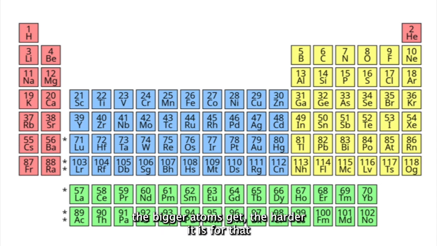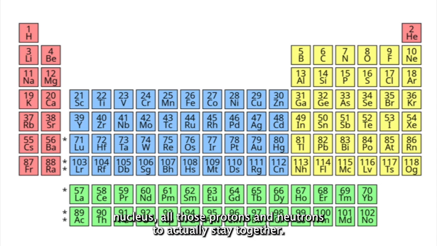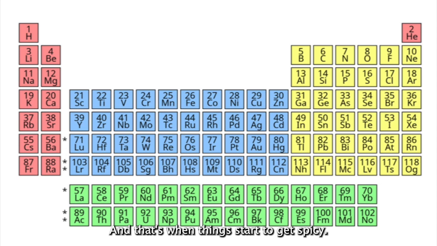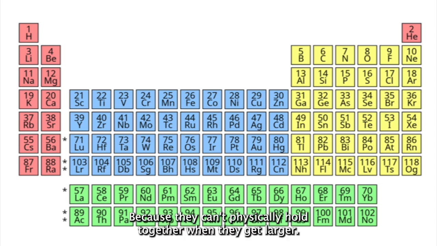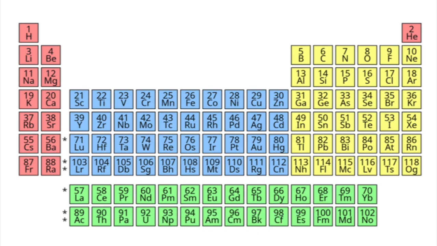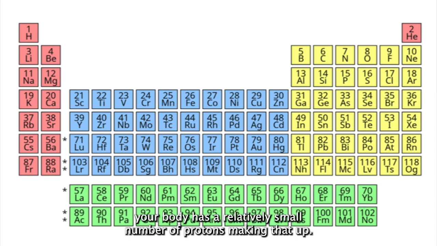The bigger atoms get, the harder it is for that nucleus, all those protons and neutrons, to actually stay together, and that's when things start to get spicy, by which I mean radioactive, because they can't physically hold together when they get larger. So it's probably not a huge surprise then to hear that almost everything you are going to be using in your body has a relatively small number of protons making it up.